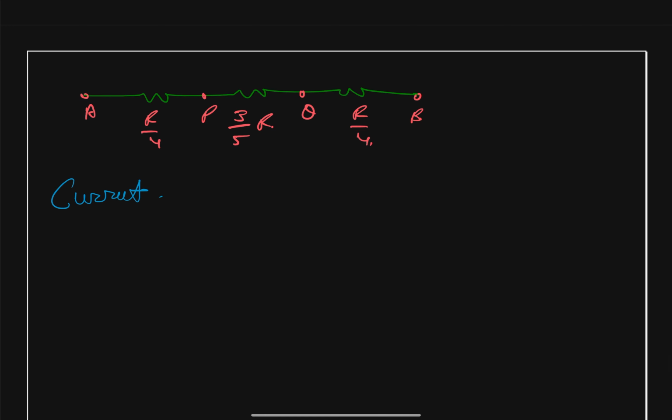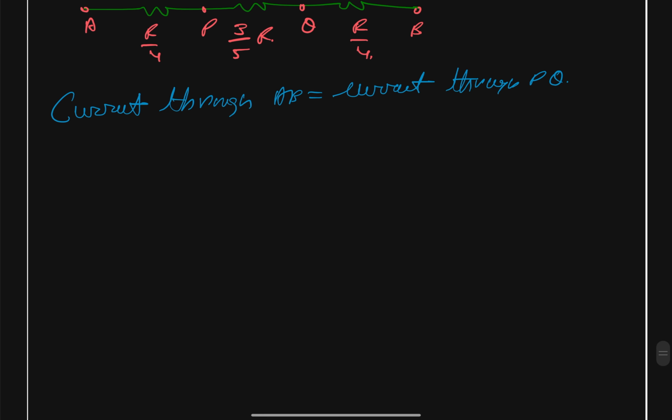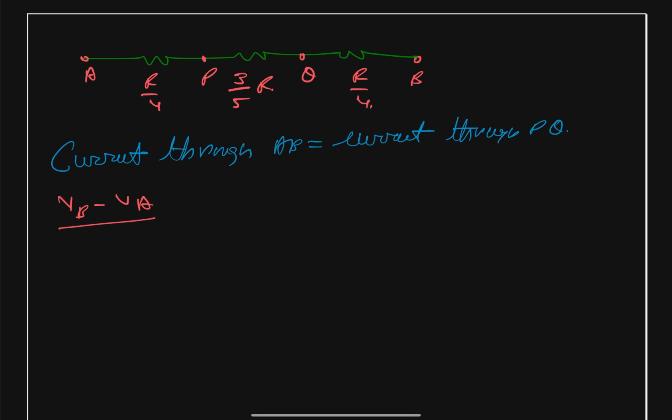Current through AB will be our VB minus VA, and we have the total resistance in the circuit is our R by 4 plus 3 by 5 times R plus R by 4, and equal to through PQ is our VQ minus VP, and this is our 3 by 5 times R, and here this R cancels out.